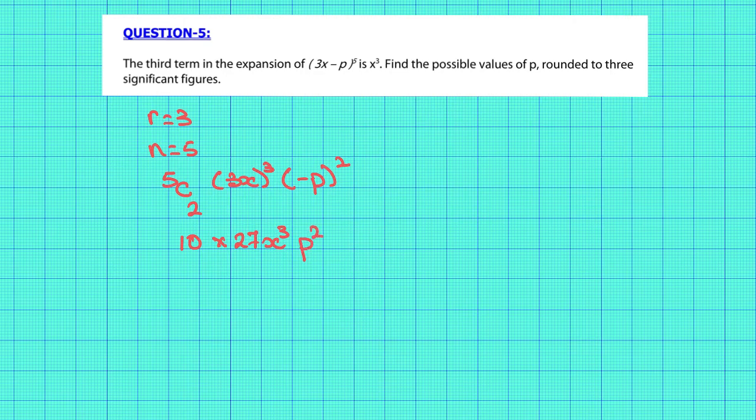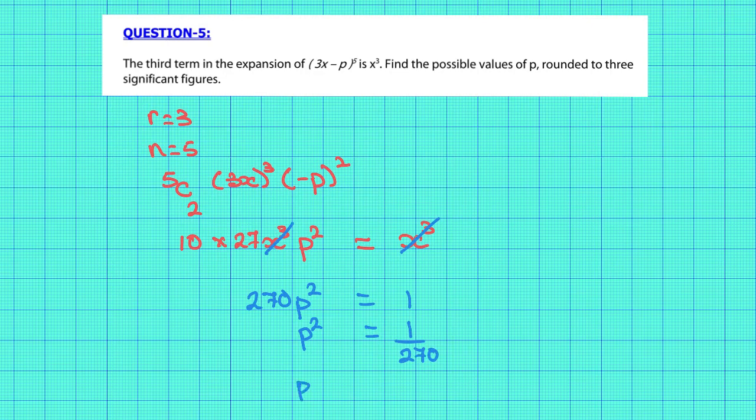We know that that is equal to x cubed. Because x cubed is on both sides, we can cancel. So we are left with 270 p squared is equal to 1. So p squared is equal to 1 over 270.